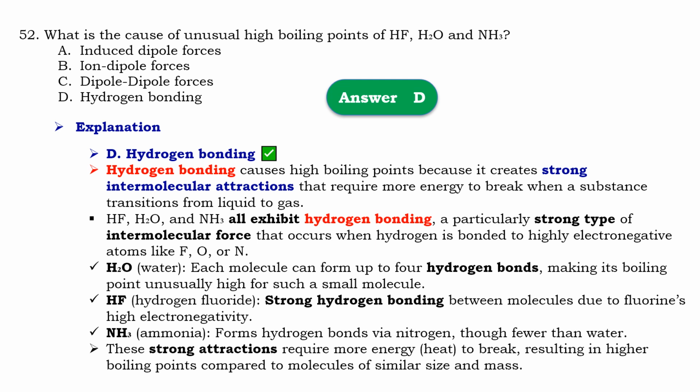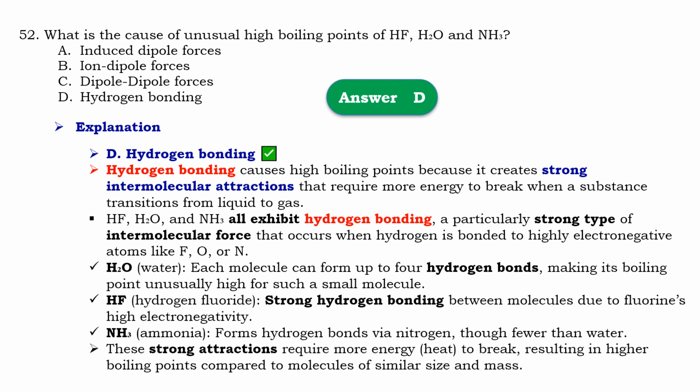So each molecule can form up to 4 hydrogen bonds, making its boiling point unusually high for such small molecules.